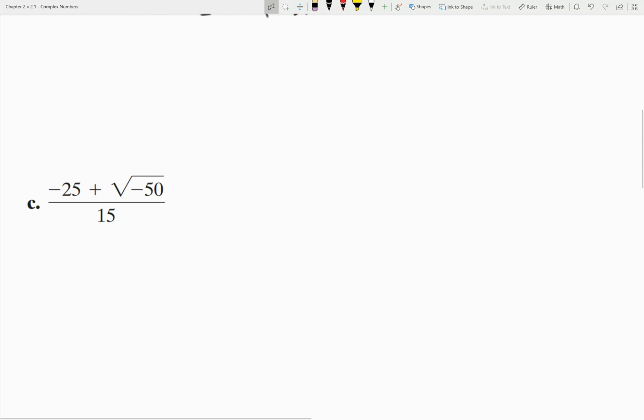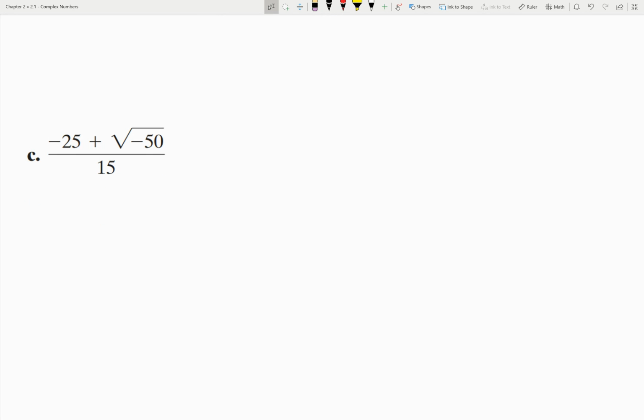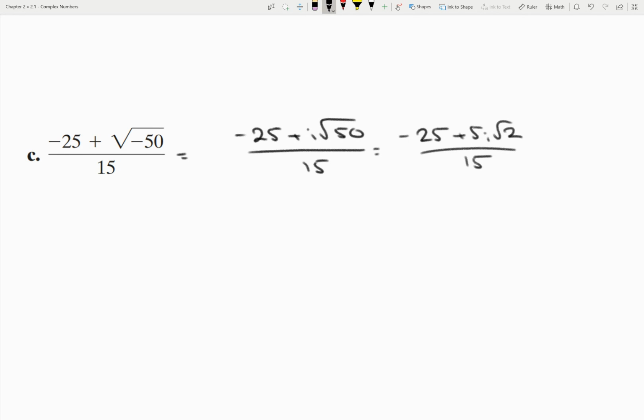And then for the last one right here, we'll do some checkpoints after this. But the very first step, before you do anything else, is put the square root in terms of i. Then I can simplify it. It's 25 times 2. So that's negative 25 plus 5i√2 over 15.